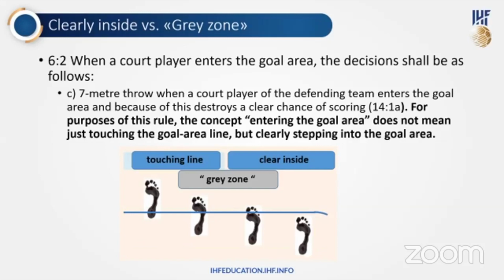That's a 7-meter throw when a court player of the defending team enters the goal area, and because of this destroys a clear chance of scoring. This is a normal criterion for a 7-meter.